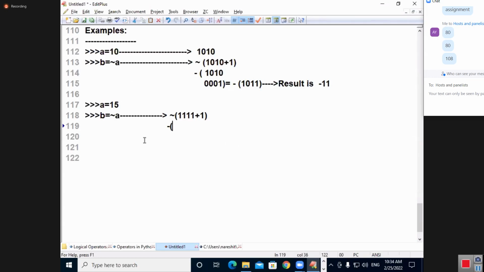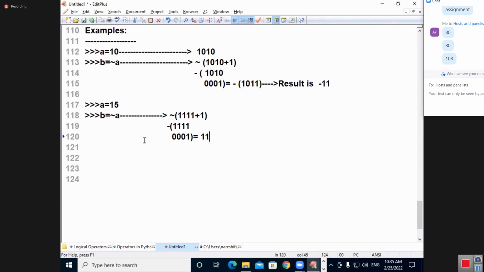Minus of 1111 adding with 0001, which is going to become what? Binary addition takes place. So you may say simply according to my explanation, it will be like this. Because of that, what is happening? It will become 15 only.